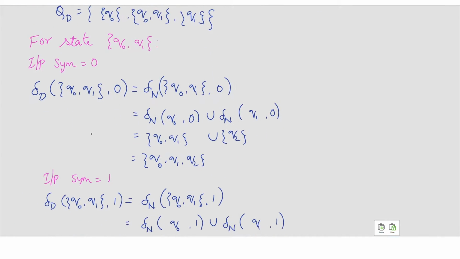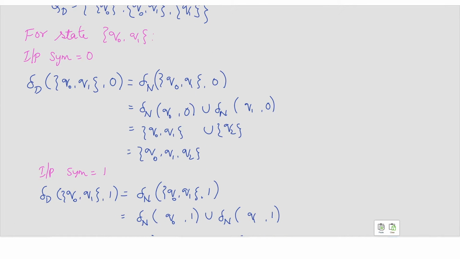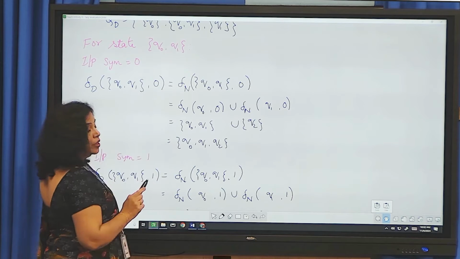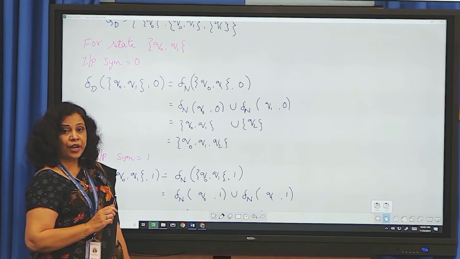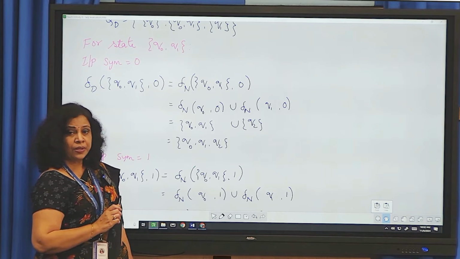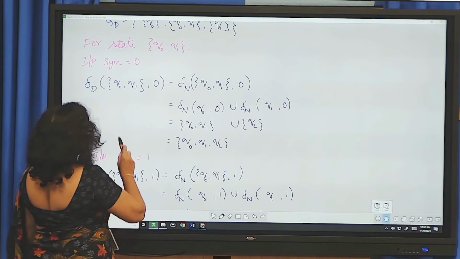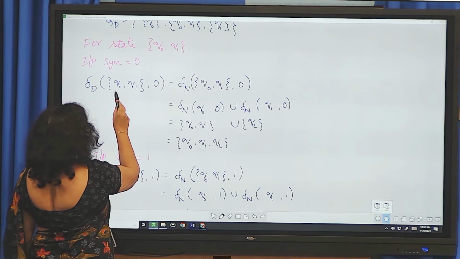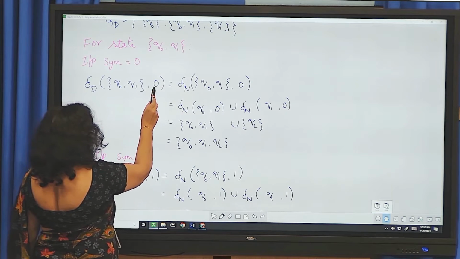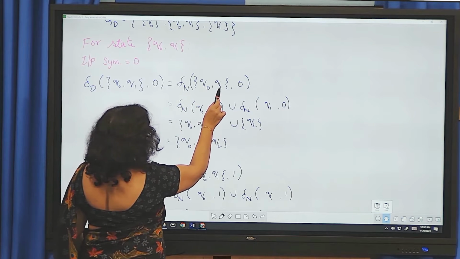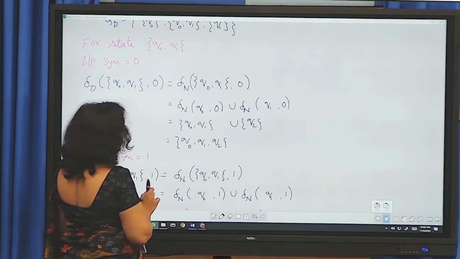Okay. So, now consider the state Q0 Q1. What are the inputs? 0 and 1. We will apply the inputs one by one. So, input symbol equal to 0. Delta D of Q0 comma Q1 on 0 is same as delta N of Q0 comma Q1 on 0.